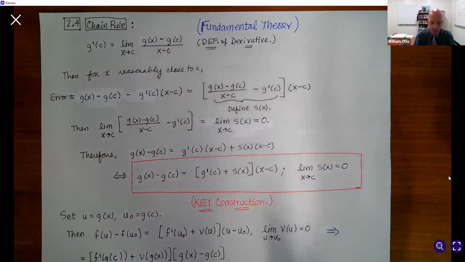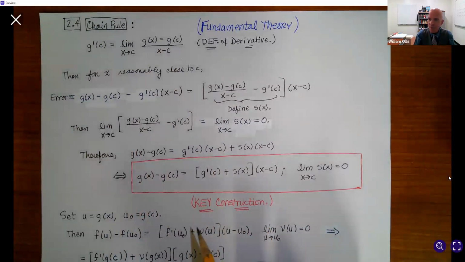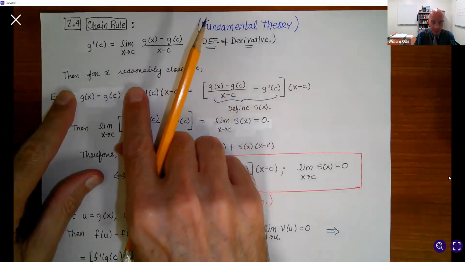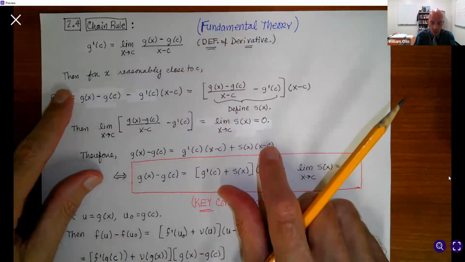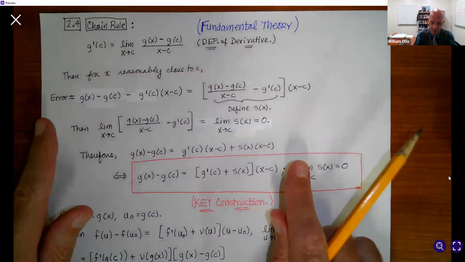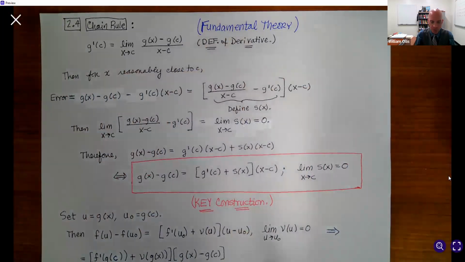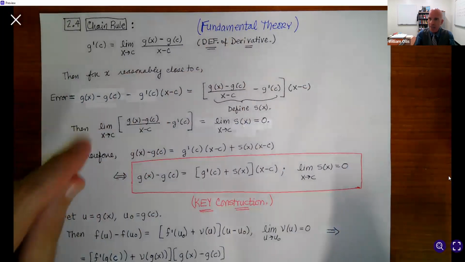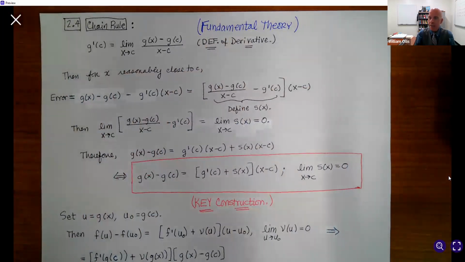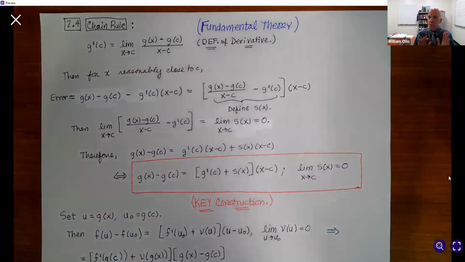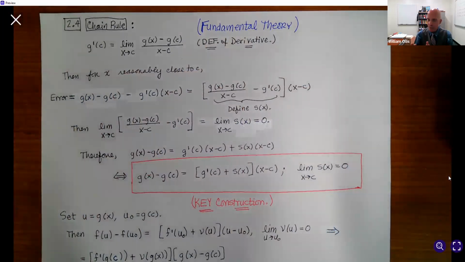What we're interested in, at least for the chain rule, is this difference here, g of x minus g of c. We want to do some estimates to see if we can determine a function that will allow us to write this difference in a cogent way that will not only remove the indeterminacy, but also include the derivative.